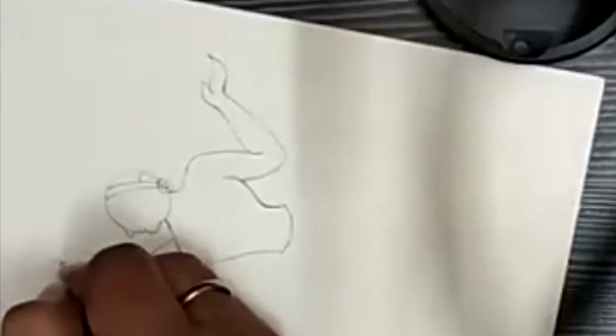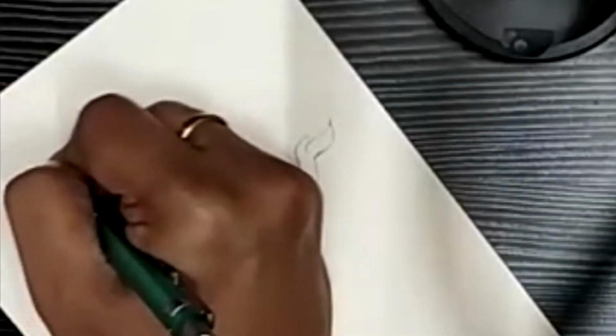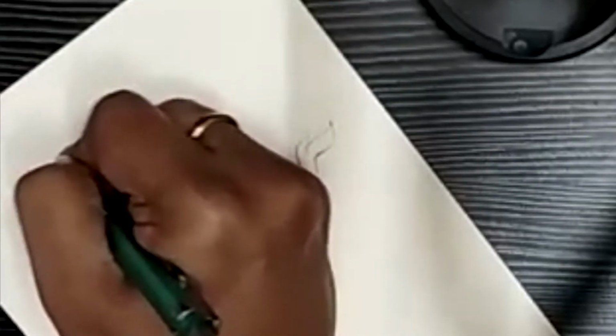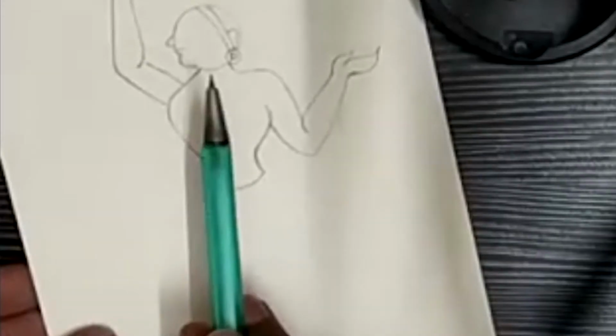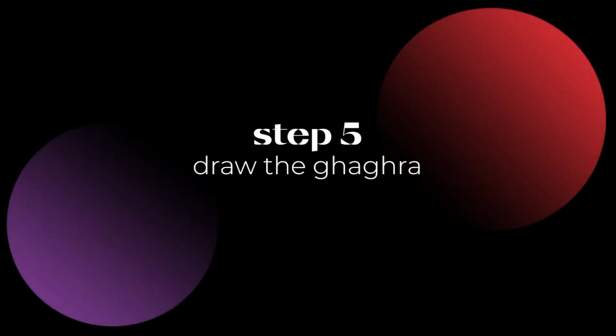Now we're going to go ahead with the other one. We have done the head, we have done the torso, we have done the hands. We are going to go ahead with the next part of the painting, which is the skirt or the ghagra.